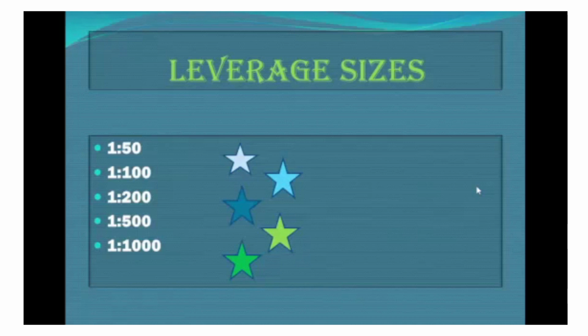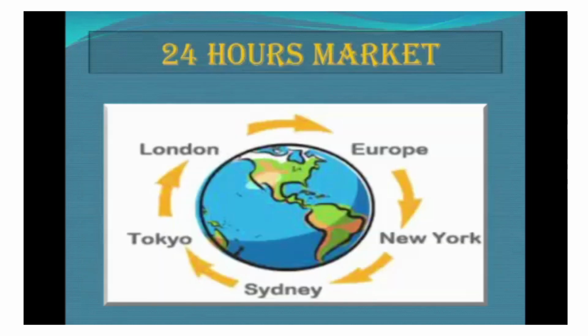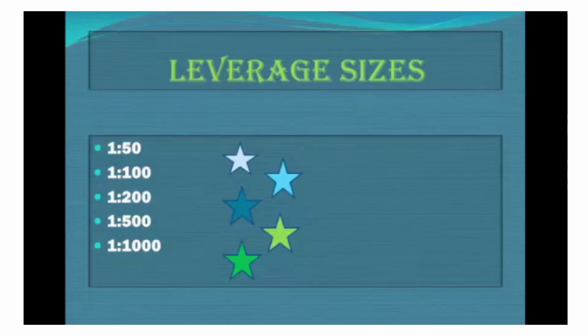For example, if the allowed leverage is 1 is to 100 or 1% of position required, and you wanted to trade a position of 100,000 US dollars, but you only have $5,000 in your trading account, no problem, as your broker will set aside 1,000 US dollars as down payment or margin, and then lets you borrow the rest, of course.